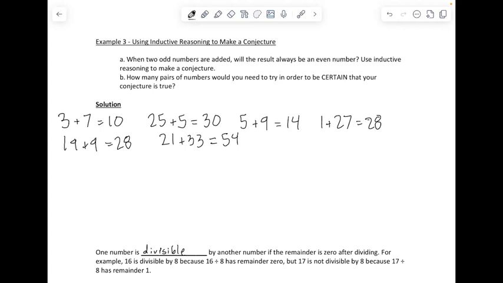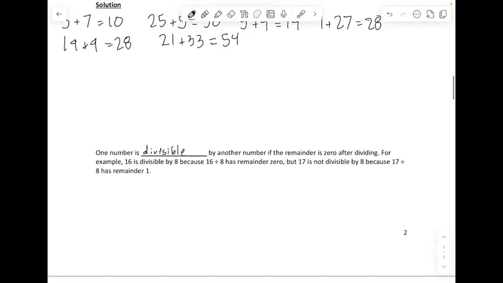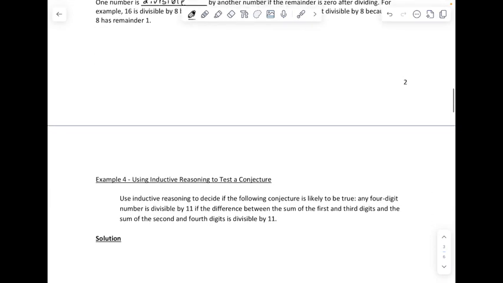For example, 16 is divisible by 8 because 16 divided by 8 has a remainder of 0. But 17 is not divisible by 8 because 17 divided by 8 has a remainder of 1. So, with this idea in mind, let's take a look at our next example.